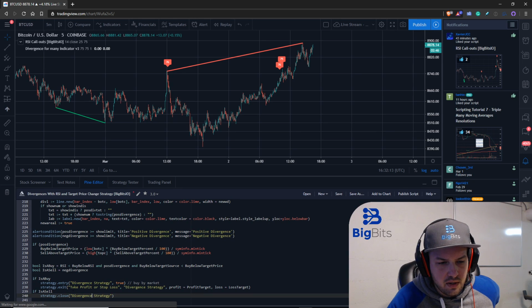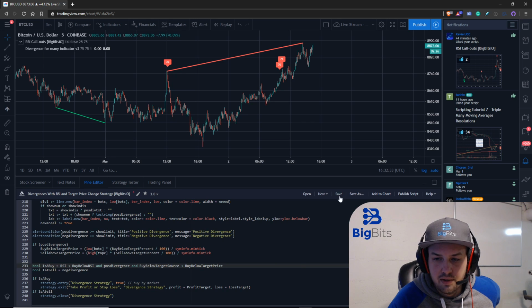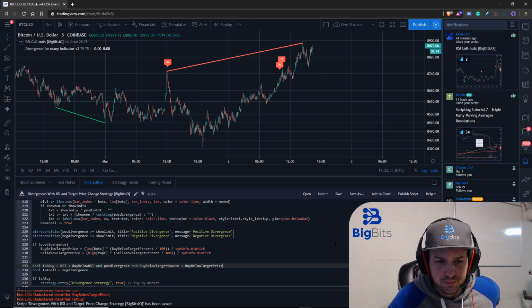And if we set up our exit to take profit based on the profit target and loss target that we set. And then also, if we somehow didn't reach our take profit or our stop loss, we're just going to sell if we get a negative divergence here. So let's actually try this out and see how it goes.